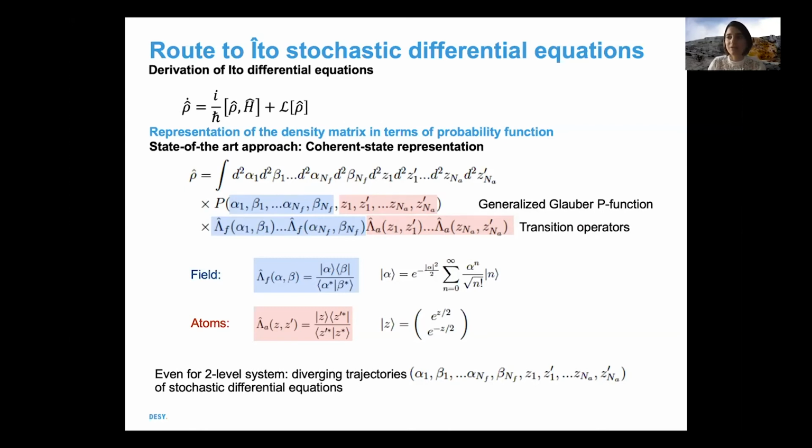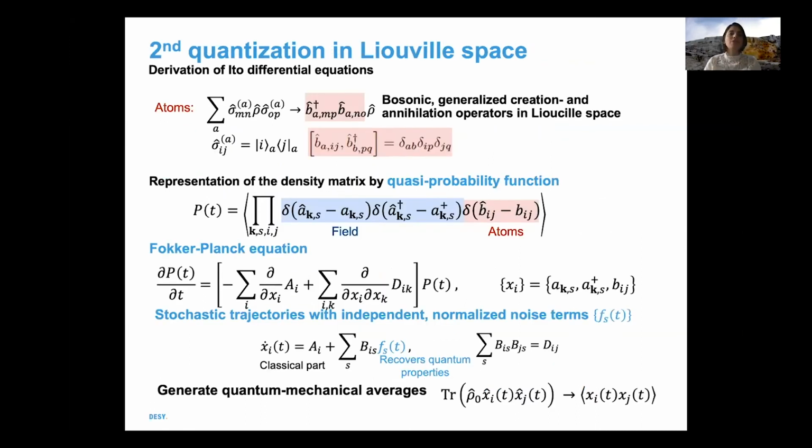We cannot even describe the decay of a single atom in this case, let alone a superradiant peak. One would need to average over many trajectories, and convergence of this sampling is very difficult. So we introduced a novel representation of this density matrix.